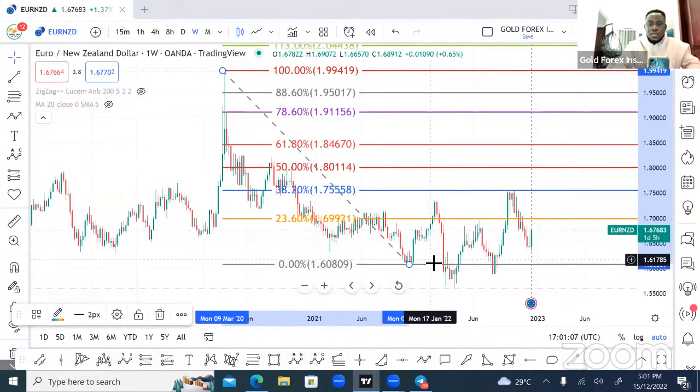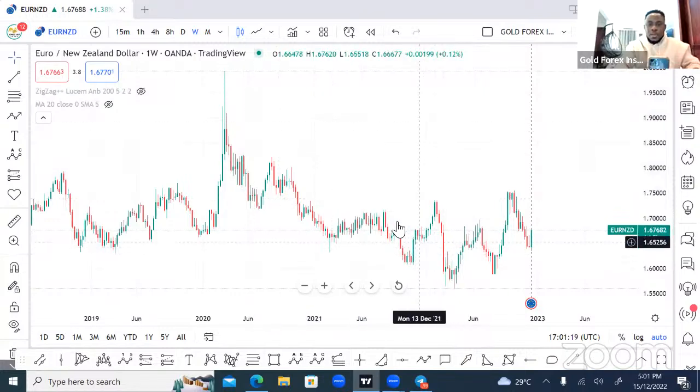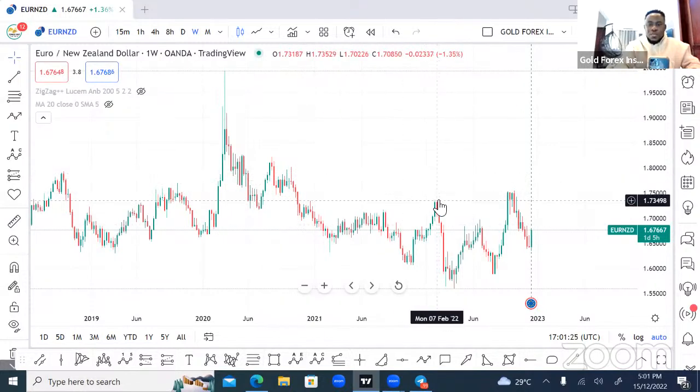I don't like it. If you attack the 38.2, that would be a very great harmonic pattern. But let's assume we are picking the top from here. So this would be the break of market structure retest. That would be like a shark or cipher pattern.